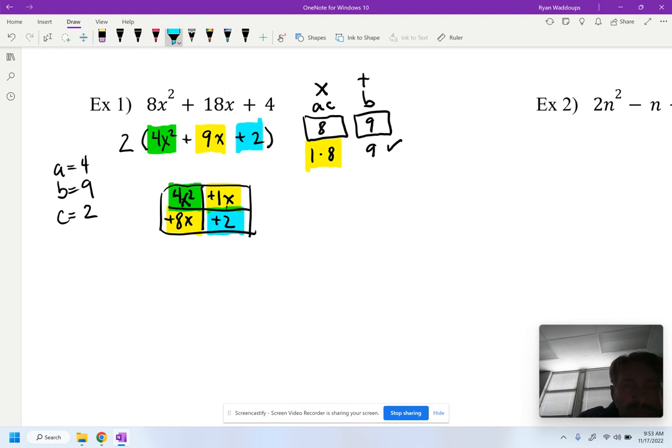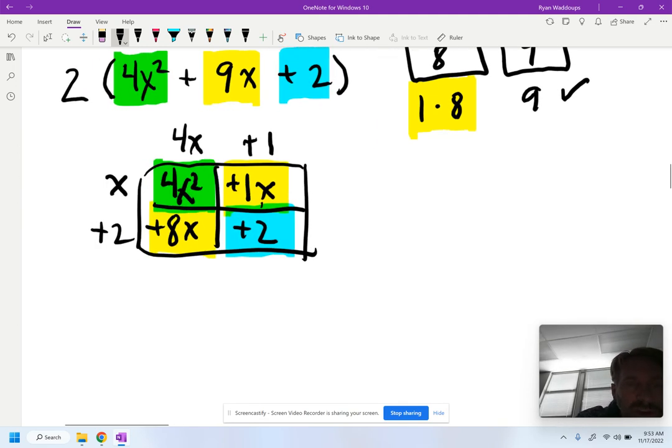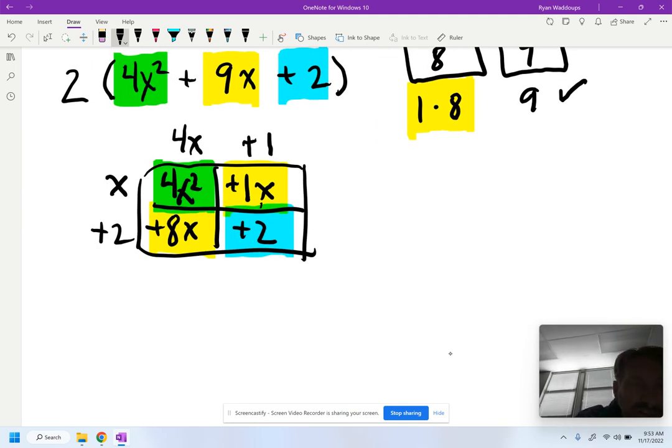Everything there is represented. So then I look for the greatest common factor for each row and each column. And this here is x, and this one is 2, and down here 4x, and down here 1. And then I just do a quick check. 4x times x is 4x squared. 4x times 2 is 8x.